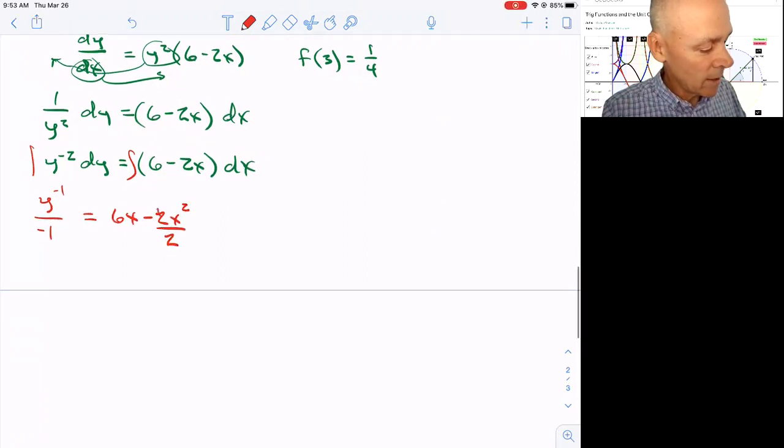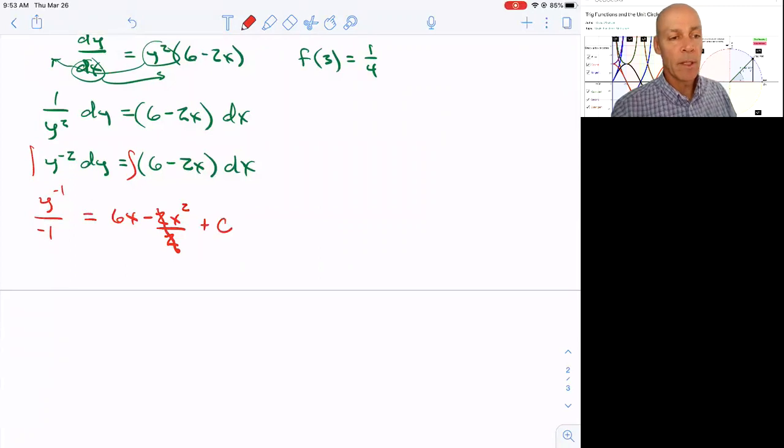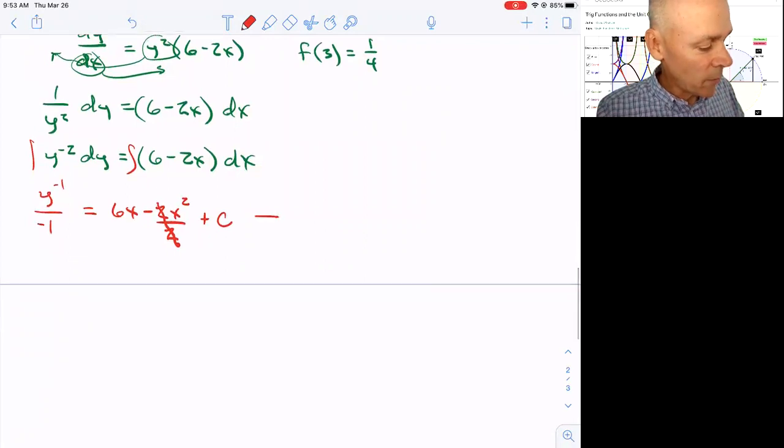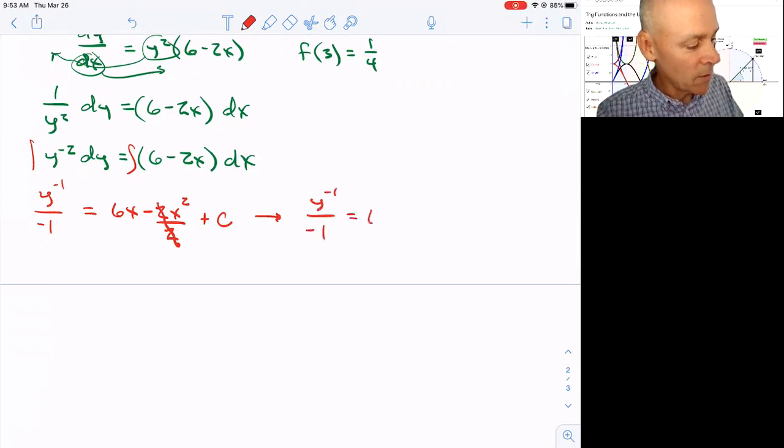I can cancel my 2's to simplify, and then add my constant of integration, plus c. What I'd recommend you do right now is just rewrite that without doing any algebra: y to the -1st over -1 is equal to 6x minus x squared plus c.